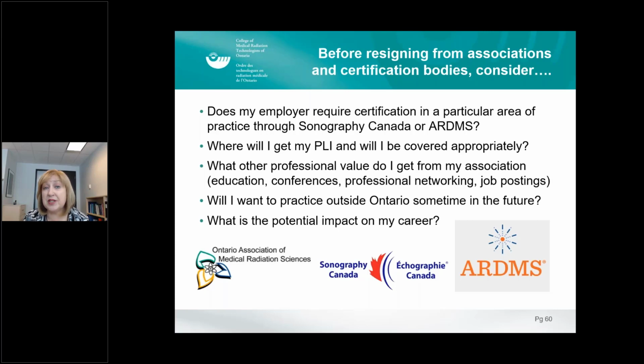I know pediatrics for sure, they're looking for certification with the pediatric components of ARDMS. Where will you get your PLI, and will you be covered appropriately? What other professional value do I get from my association? Will I want to practice outside Ontario sometime in my future? Don't forget, CMRTO is only Ontario-based. So if you want to practice outside Ontario, then it might be to your advantage to maintain your certification in the other organizations.